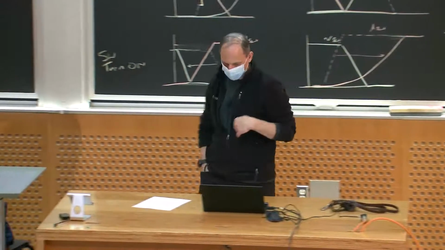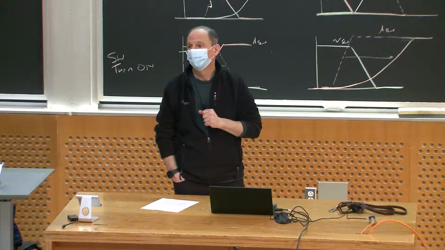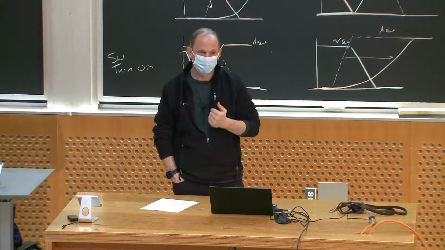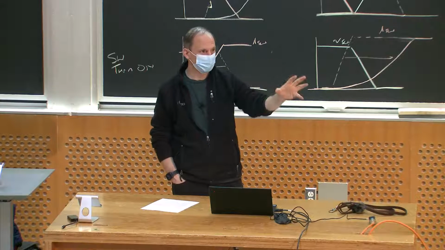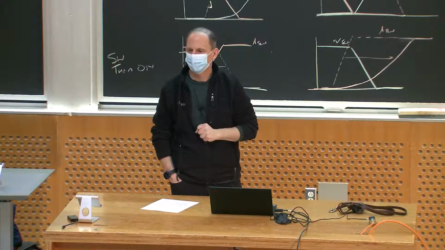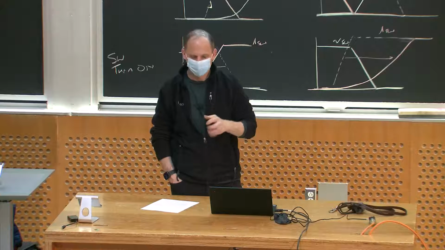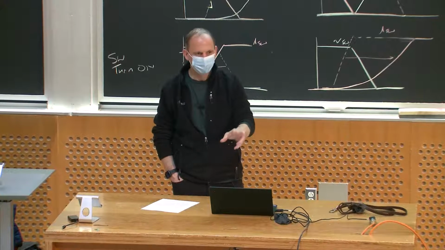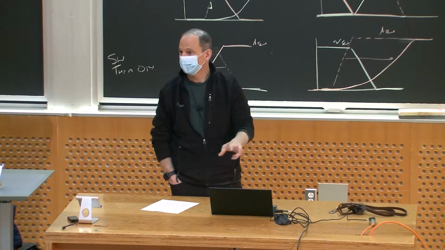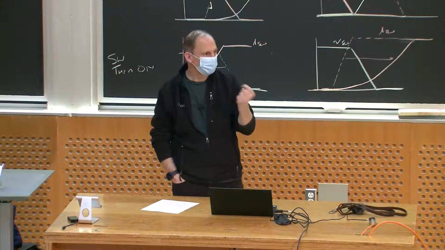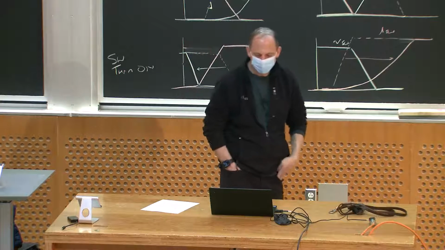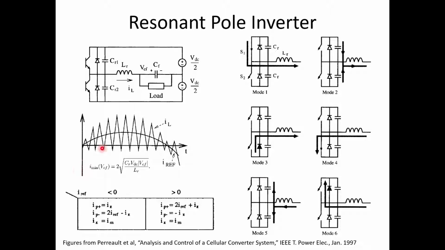I should say, one of the ways people think about this, and we're going to come back to this because we're going to look at classes of converter that use this kind of zero voltage soft switch technique a lot. Usually when you're going to turn off your device, you have some inductor current that carries a current in the right direction to give you the switch direction you want.